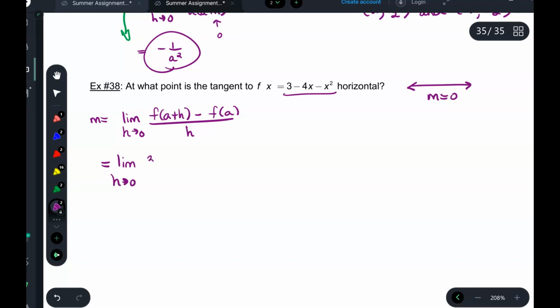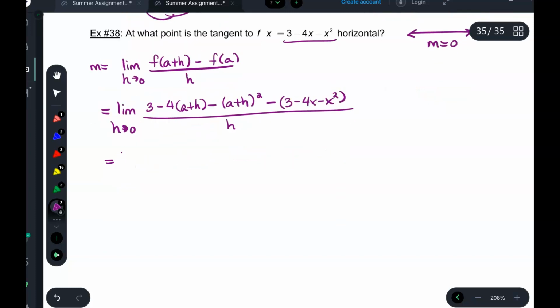So we have 3 minus 4 times a plus h minus a plus h squared, and then minus f of a. Just make sure not to forget that you have to distribute. It looks a little messy, but I promise it's going to work out very nicely.